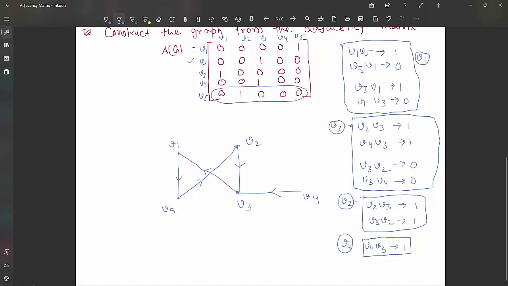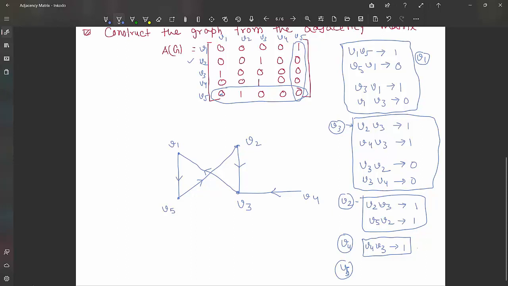So the first one or two rows will be difficult to understand, but after that you will see that most of the edges are already drawn, and then you just have to verify that. Now if you take V5, this is the V5 column. In the V5 column you can see one. If you take the row-wise V5 connection, there is a connection from V5 to what?